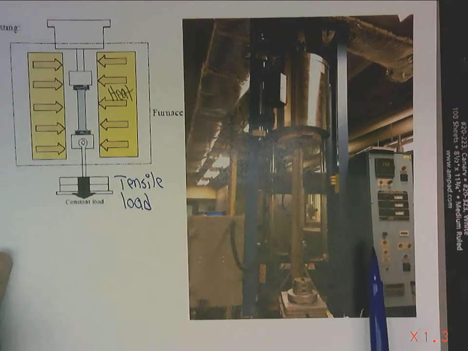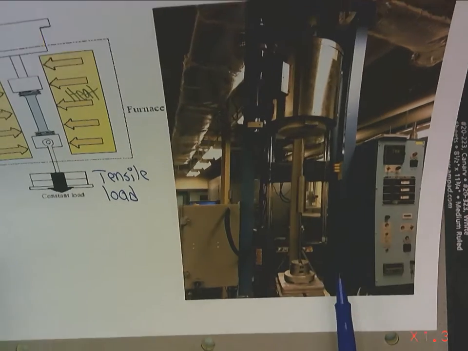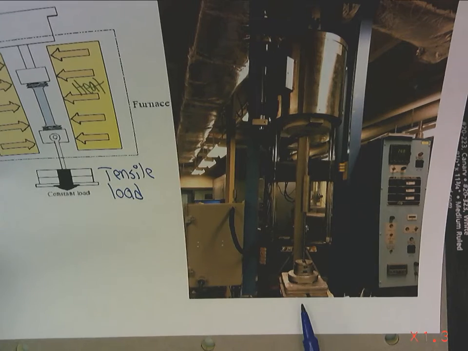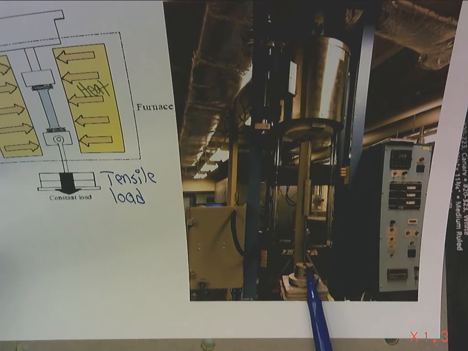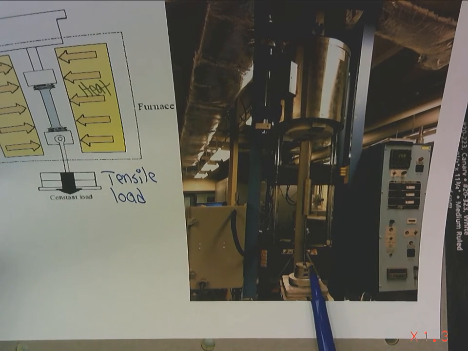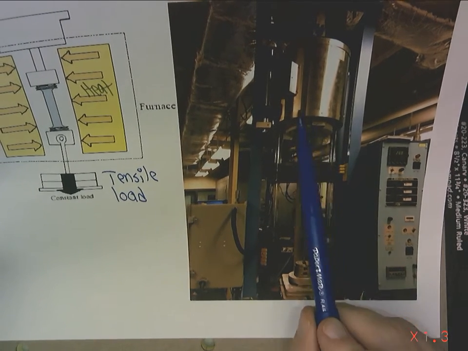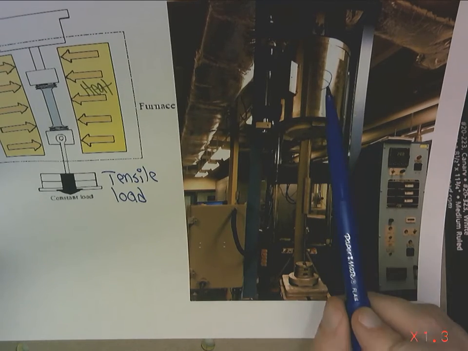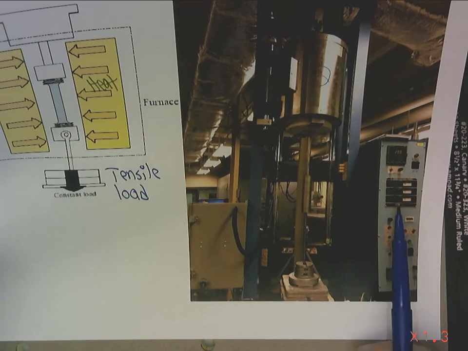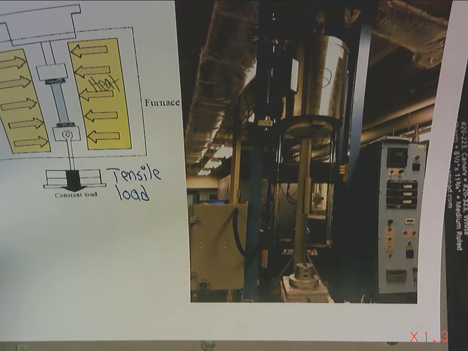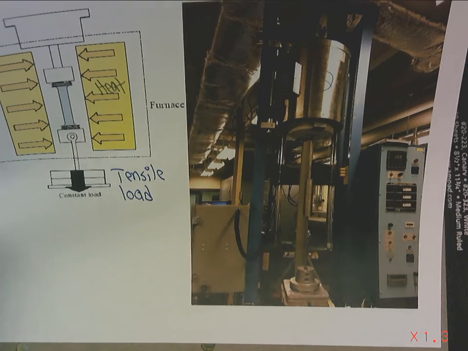So an actual testing setup looks something like this, a little bit of glare to get off. You can actually see they're just weights. Down here, there's a rod that connects up into here, and this is our furnace. And then over here's the controller. So it's not the most complicated setup.